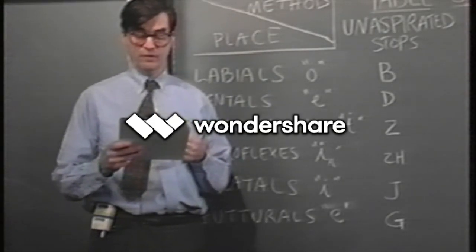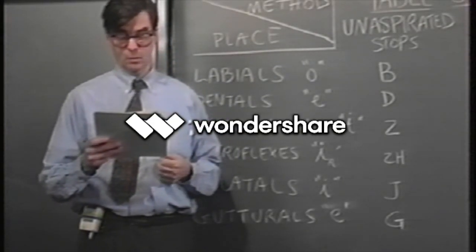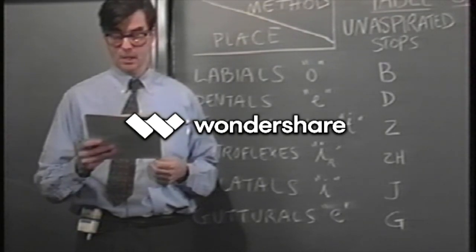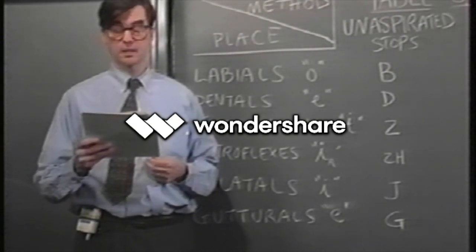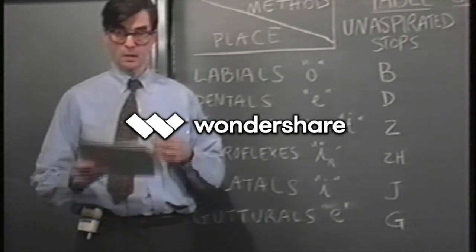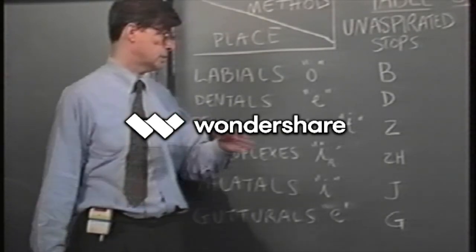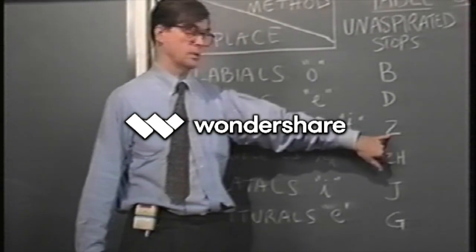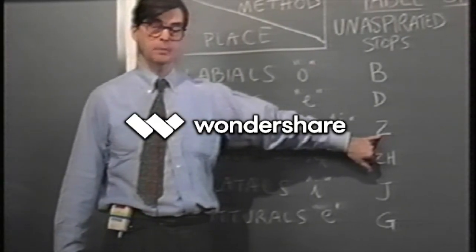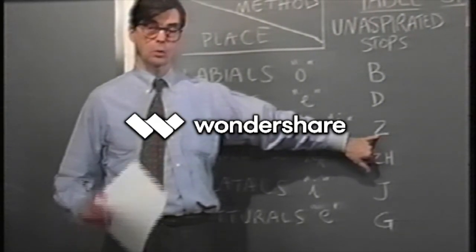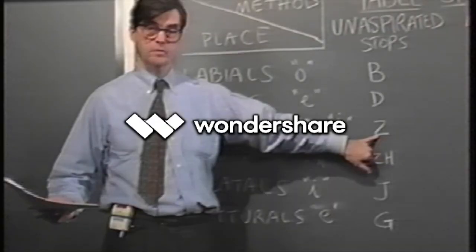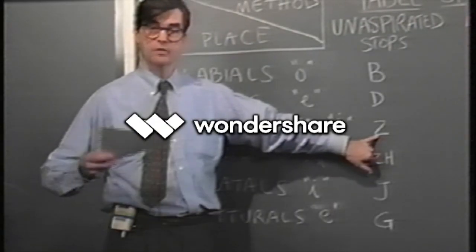Then simply vibrate the vocal cords with minimal movement of the tongue tip and no opening of the throat. In other words, you place your tongue in the correct position for forming this sound, like a D plus S. You hold your tongue there without moving it, and then you simply rumble the vocal cords.